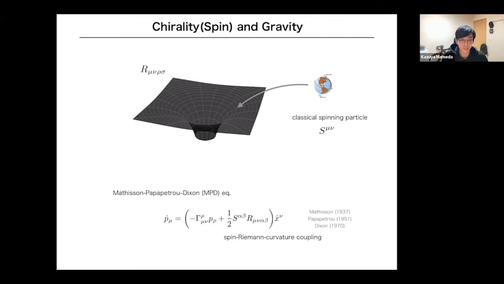However, from this sort of experiment, we can expect that the chiral fermion can be coupled with the Riemann tensor, and the chiral fermion can be affected by the curved geometry effect.